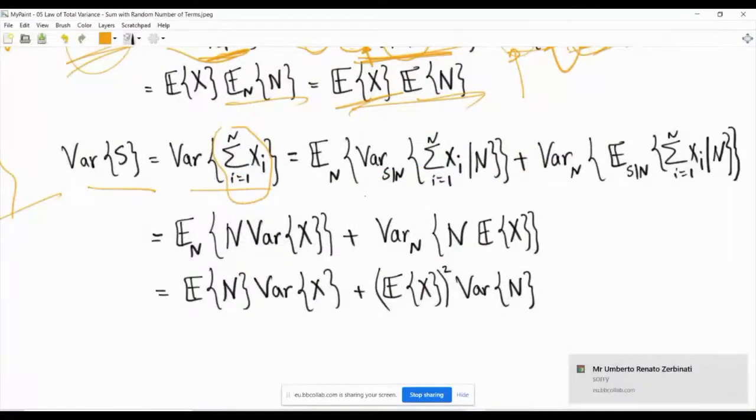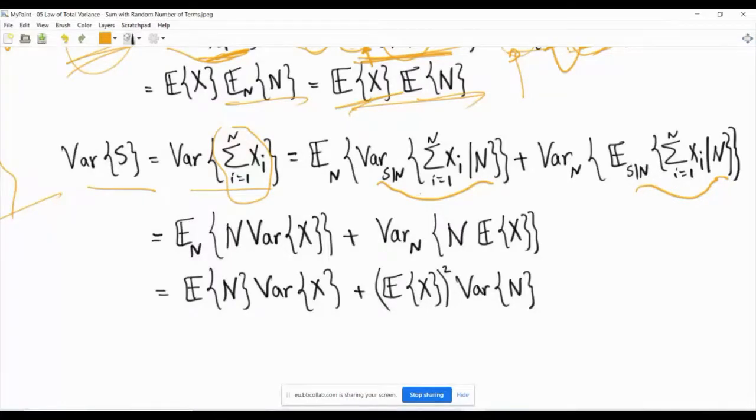Same story, but now you apply the law of total variance. It is a bit more demanding. For total variance, you need to do the variance given N, and then the first moment, or the expectation, given N. The first steps pretend that N is not a random variable, because we are conditioning on N. We are treating N as fixed.